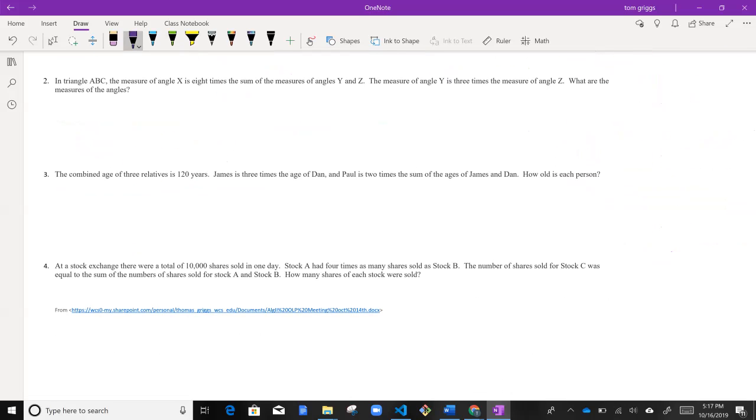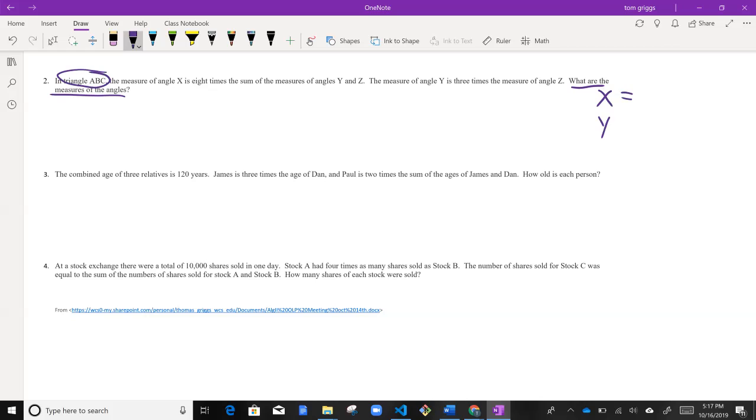Let's finish with number 2. Go straight to the question. The question is, what are the measures of the angles? Okay, so that's not very descriptive in this problem. So if we go back and we look, they're talking about triangles. So of course we know in a triangle there are 3 angles.